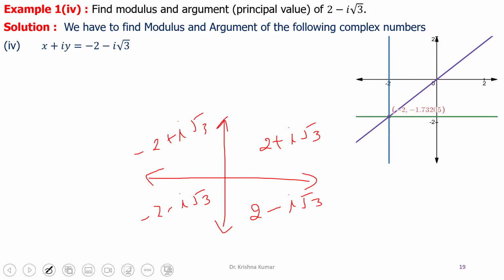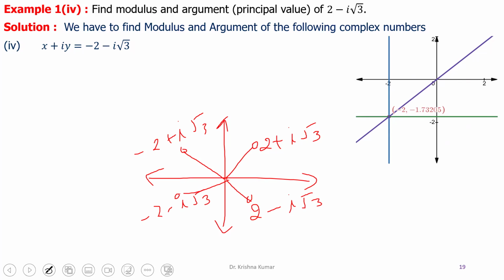The modulus of all four numbers is the same, which is root 7, but the argument is different.